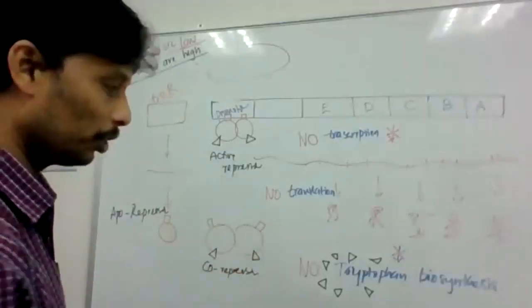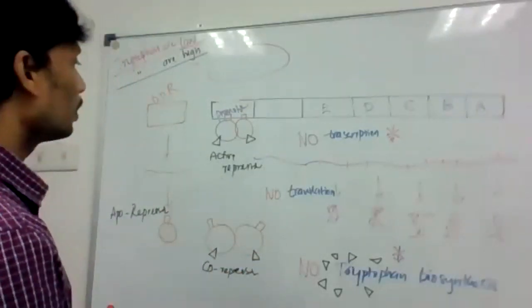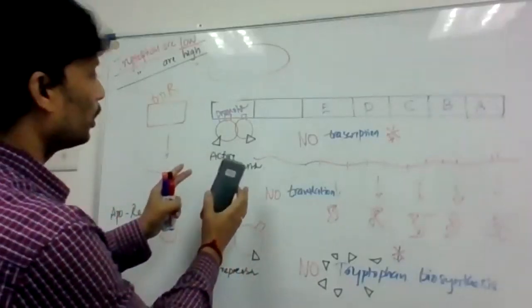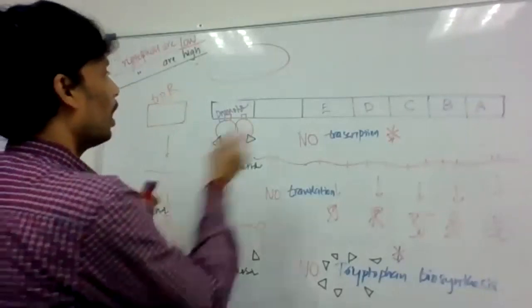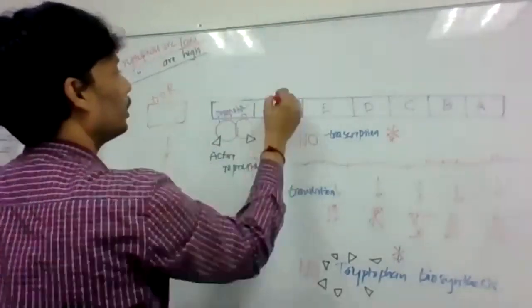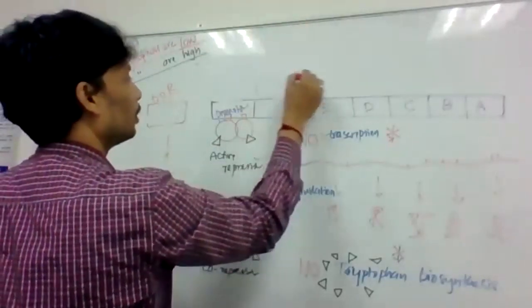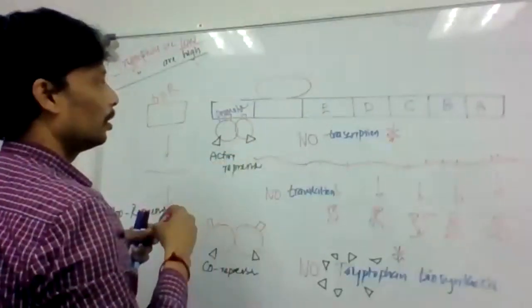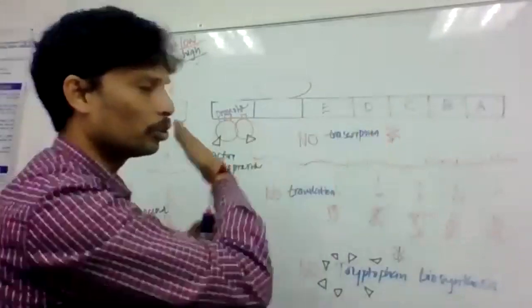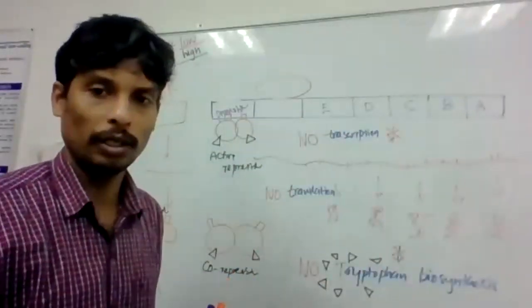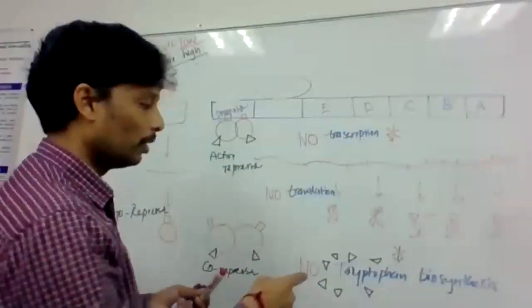The second regulation is, though the promoter region is blocked, by that time RNA polymerase has already started the transcription of the tryptophan operon, which is very long and a lot of energy needs to be utilized for it.